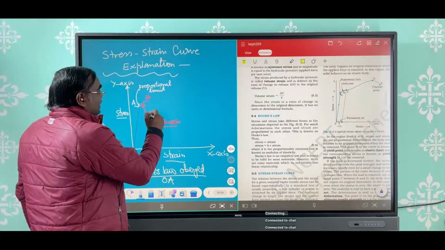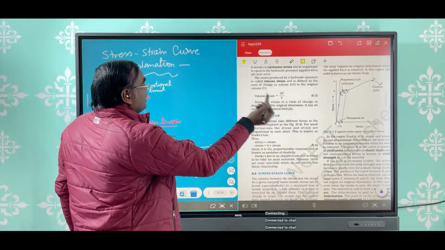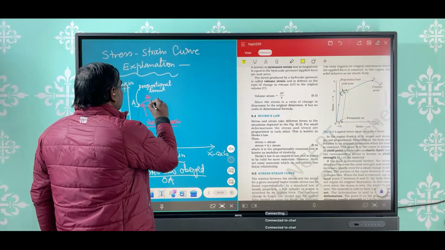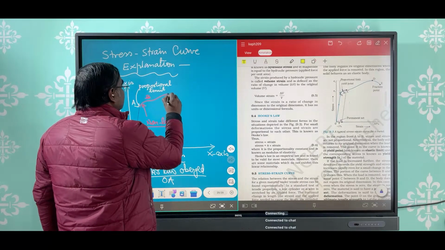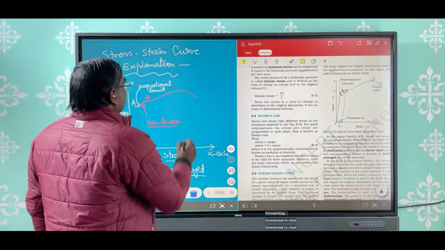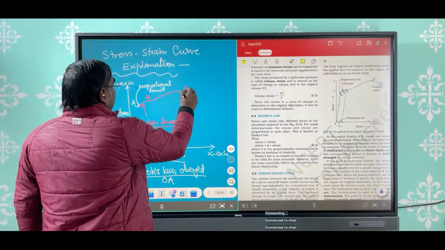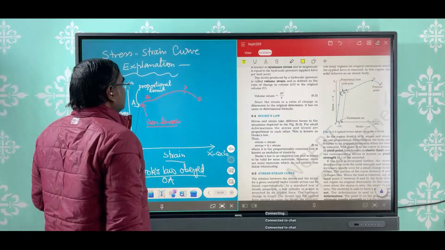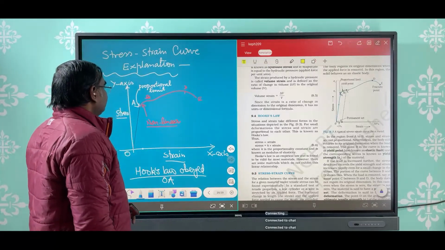Now if we again increase the stress, then we get this position D and this E. We'll discuss what D and E are.